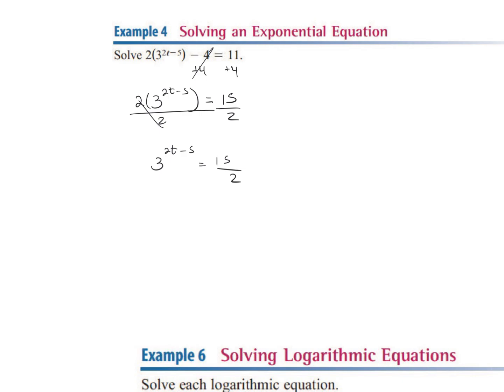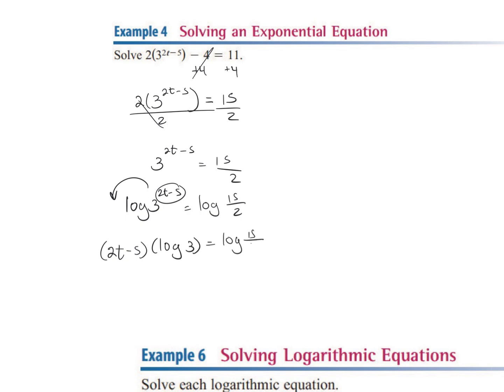Now I'm going to add the logs on both sides in order to simplify this. So I would get log of 3 to the 2t minus 5 equals log 15 over 2. I can bring the exponent to the front, and then I will get 2t minus 5 times log 3 equals log 15 over 2.